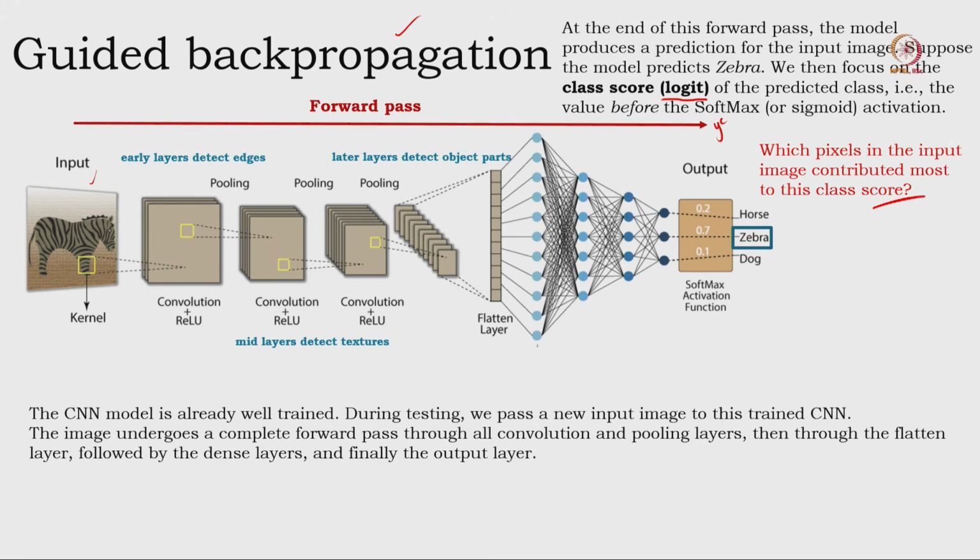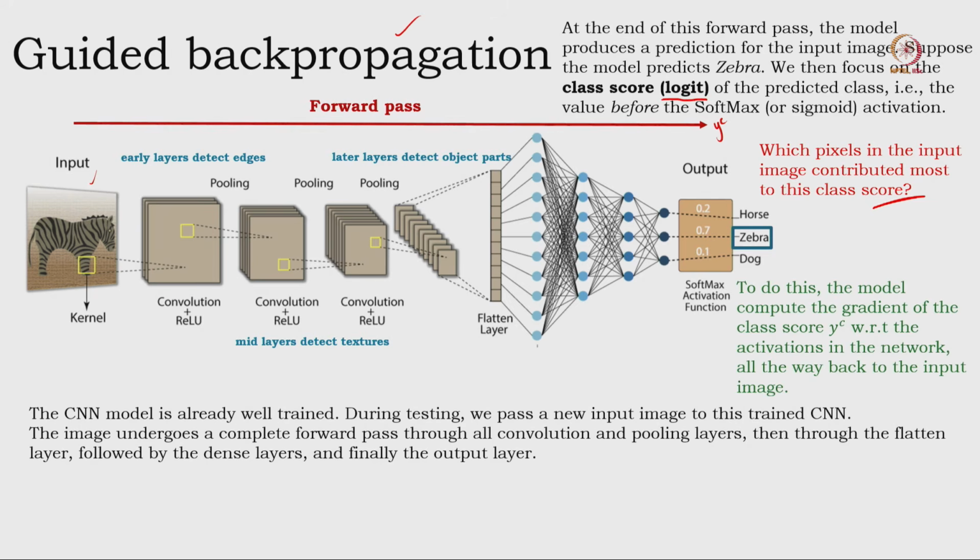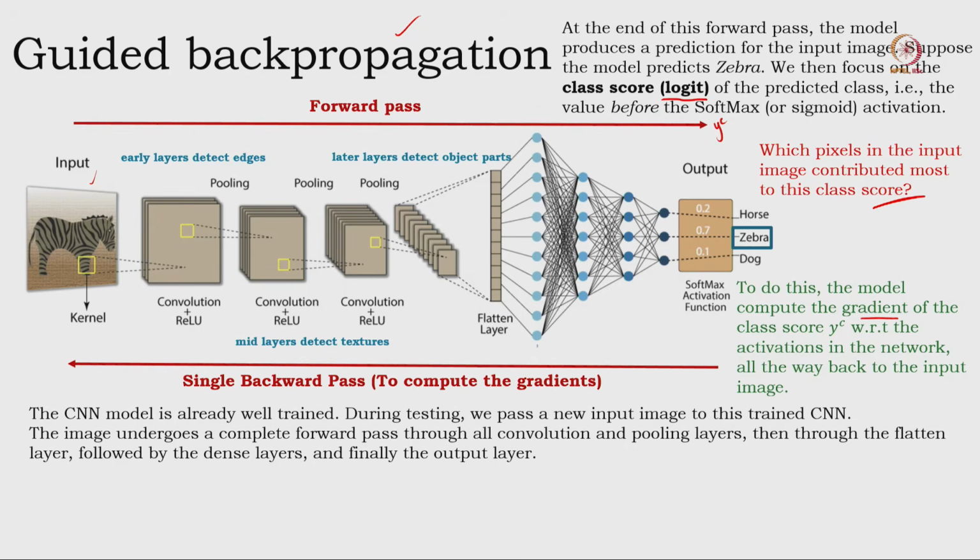Although the CNN model will be doing a backpropagation here, that backpropagation is only to compute the gradients. And how many times will the backpropagation be done? The backpropagation will be done only a single time. And why exactly do we need?